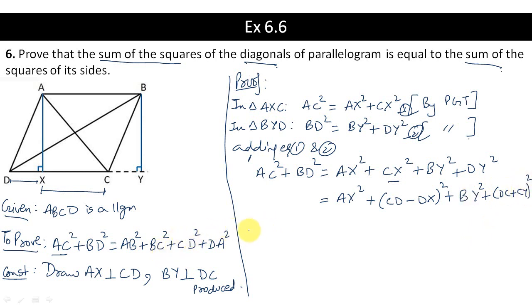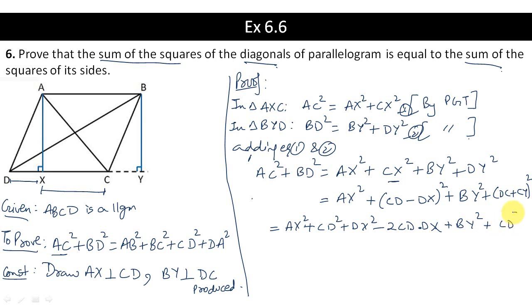Okay. So when we open these squares, we'll get CD square plus DX square minus 2 times CD into DX. So A minus B whole square is A square plus B square minus 2AB. Plus BY square plus, here it will be A plus B whole square.